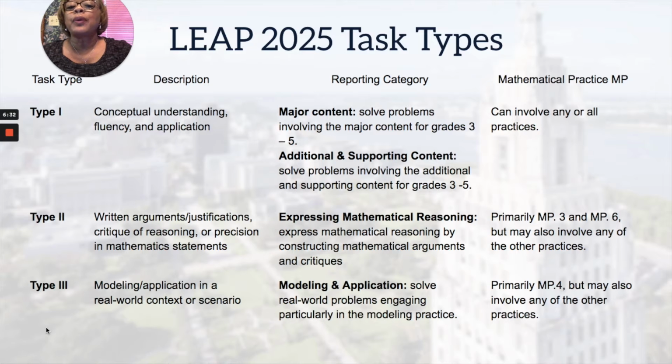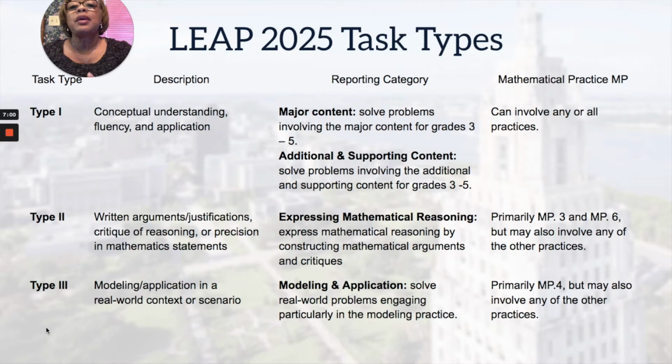Now, one of the things we have to remind ourselves when we look at type 1 tasks, if you've thought in the past that a type 1 task is just a straight recall multiple choice question, you definitely will have to rethink those thoughts, because first of all, it is aligned to all components of rigor: conceptual understanding, procedural skill and fluency, and application. It's based on your major content.